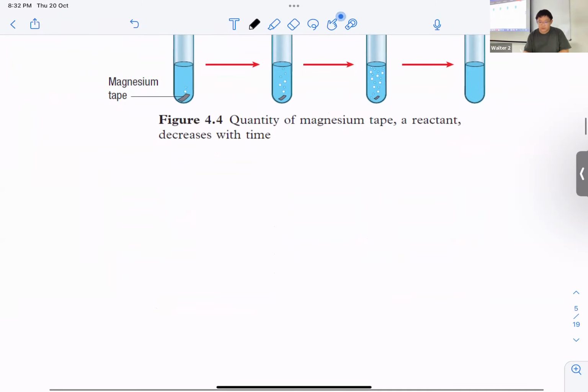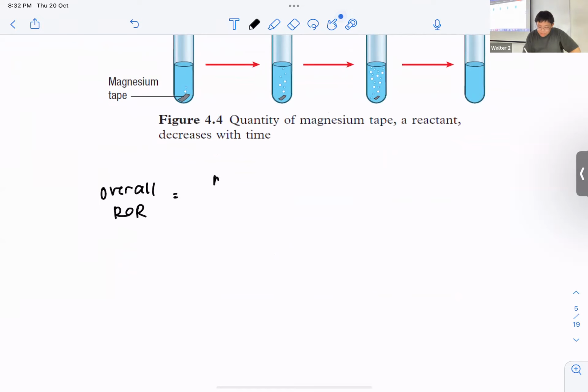So in this case over here, the overall rate of reaction is equivalent to mass of magnesium over overall time taken.